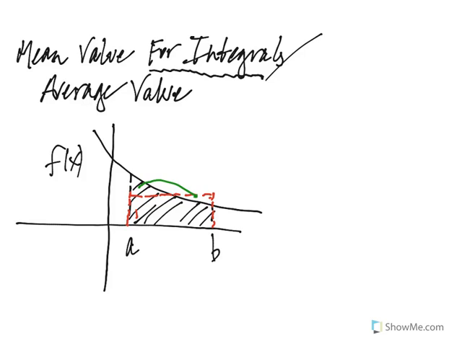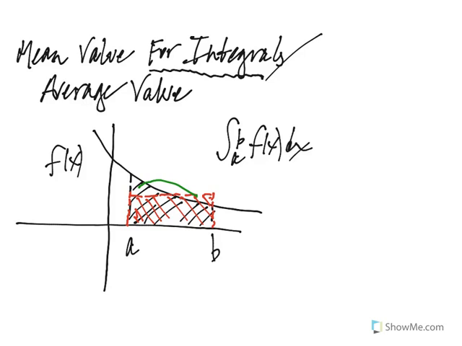Now, if I take the same area and I just reconfigure it into a rectangular shape, then I think it stands to reason that the red rectangle is equal to the black area underneath the curve. And that's where the formulas come from for the mean value theorem and the average value. Now, if I write out that formula, what I get is the integral from a to b of f of x dx.